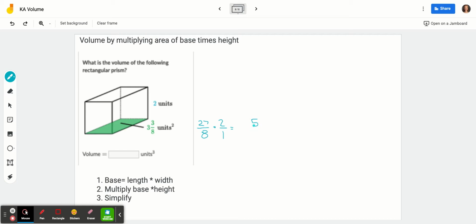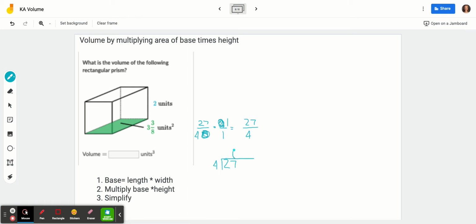Oh, actually, let's simplify before we multiply. 27 and 1. 1's the least common multiple possible, so we can't go any lower than 1. But 8 and 2, I know 2 will go into 2 one time, and 2 will go into 8 4 times. So 27 times 1 is 27. 4 times 1 is 4. 27 divided by 4.